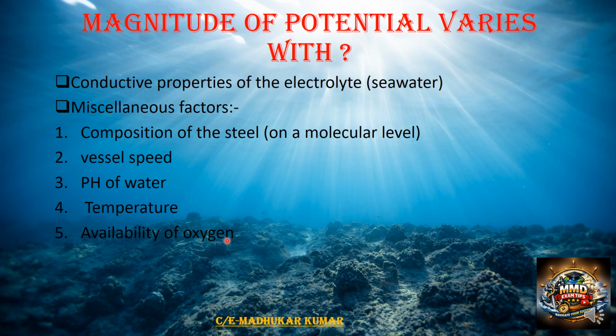So we have to keep in mind all these factors which vary the potential of the hull, and accordingly the reference cell is going to measure it automatically, and after that it is going to give the feedback to the controller, and the controller will supply the required potential to the hull so that the hull will maintain cathodic and get protected.